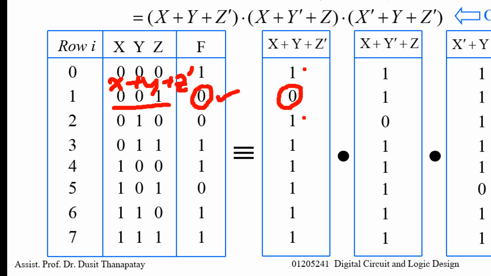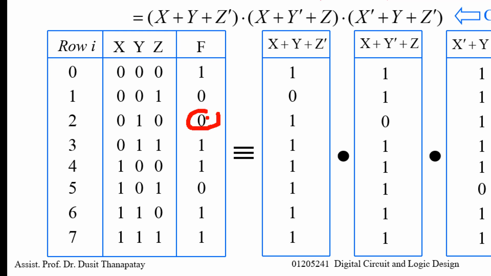For any other combination of values, this term is 1. How about this one? For this one, x is 0, y is 1, z is 0. So it's x or y prime or z, which makes the function 0 in only one case. What about this one?